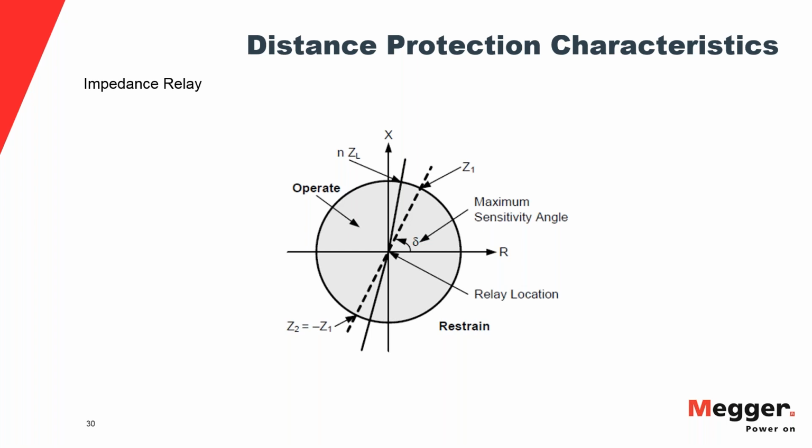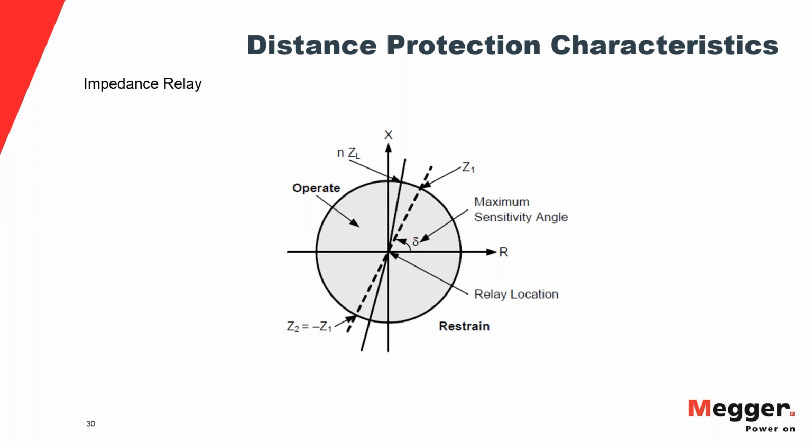Because here you can see that if you put the relay here at the center of the coordinates, then for impedances in the positive direction here, you will have the line, and you will say, okay, if the impedance is lower than anywhere on this circle, then I trip. But if the impedance is higher than places on this circle, then I don't. The problem with this type of characteristic is that it is not inherently directional. So you have to supervise it. You have to make it directional somehow.